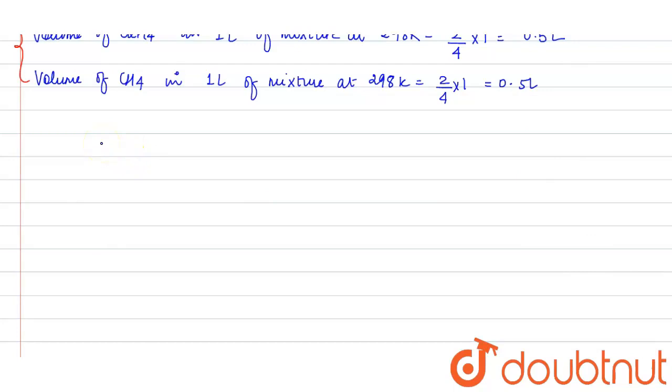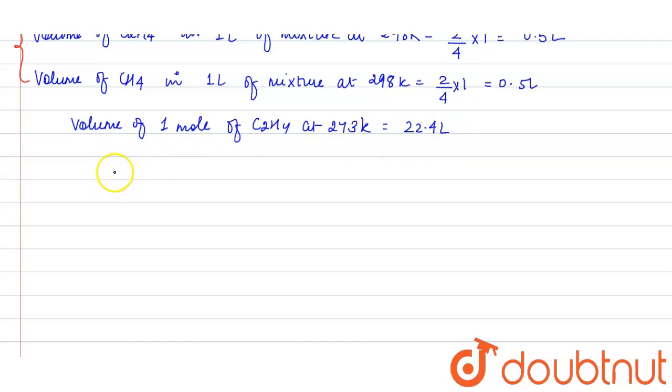Okay, the volume of 1 mole of C2H4 at 273 Kelvin is equal to 22.4 liter. By the mole concept we know that the volume of 1 mole of any gas at 273 Kelvin is equal to 22.4 liter.